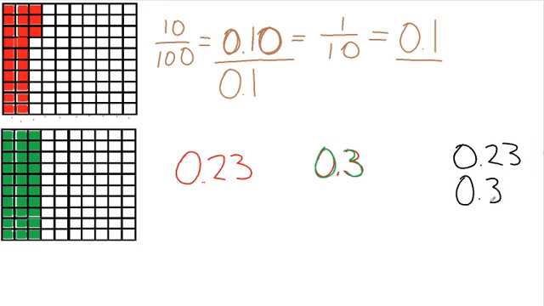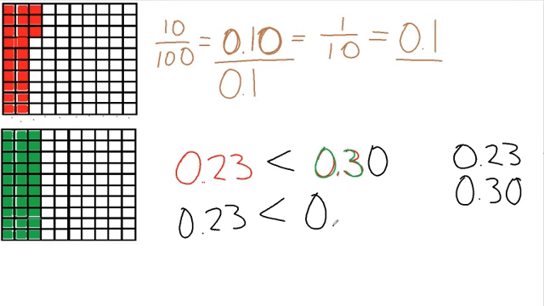And they'll convert the 3 tenths to be 30 hundredths. So if you know that 3 tenths is the same as 30 hundredths, you can then compare these and say 23 hundredths is obviously less than 30 hundredths. So 23 hundredths is less than 3 tenths.